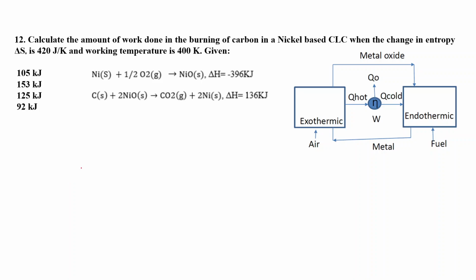It will be simply W equal to Q hot, which is 396, minus 136, which is Q cold, minus 400 into 420 upon 1000, because both these are in kilojoule. So we will convert this to kilojoule. After this we will get the answer as 92 kilojoule.